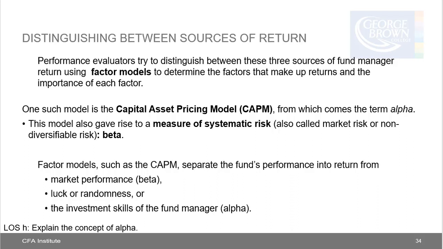This model also gave rise to a measure of systematic risk, also called market risk or non-diversifiable risk, which is the beta. Factor models such as the CAPM separate the fund's performance into return from market performance, beta, from luck or randomness, or from the investment skills of the fund manager, alpha. Finally, alpha is calculated by using factor models in an effort to identify the return contributions from a fund manager's skill.